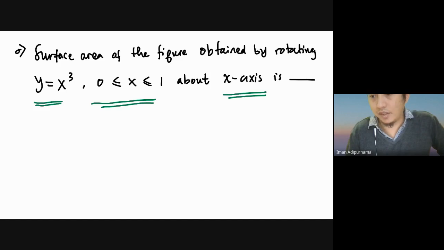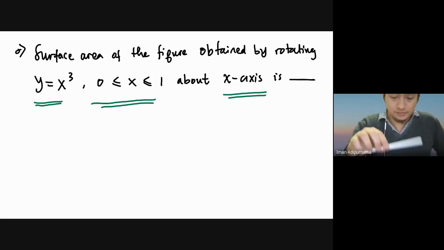So we calculate the surface area of 1 over x. It's called the Gabriel Horn example. But later, if we have time, we can show some of the examples.